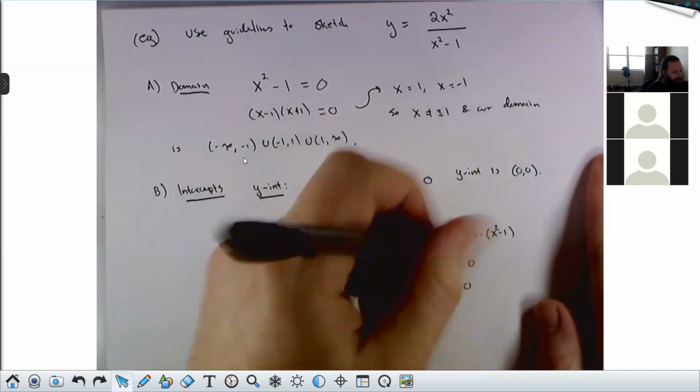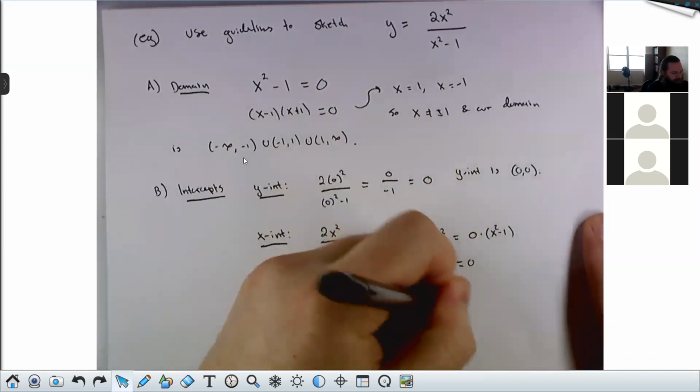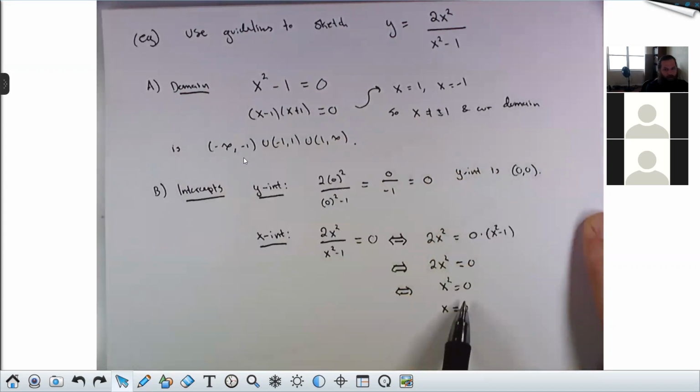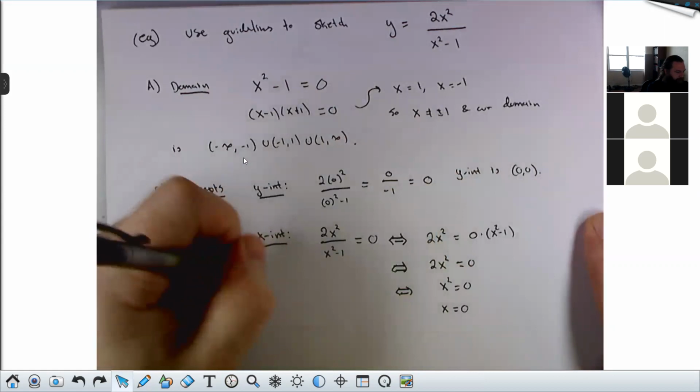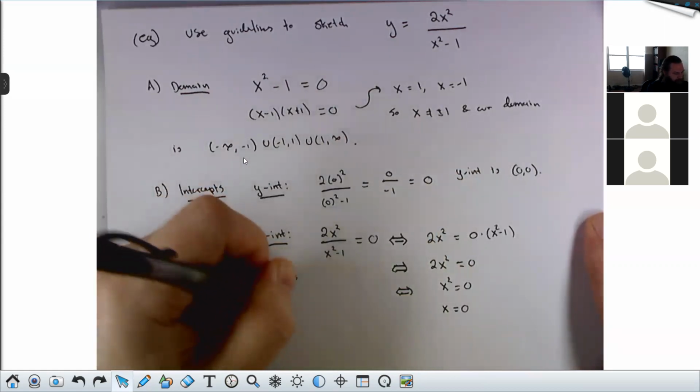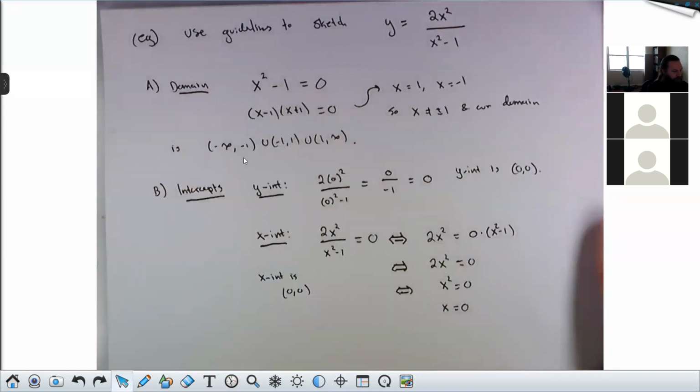And the only way that happens is if x is equal to 0 itself. So this y-intercept is also our only x-intercept. It's possible that there were other ones, right? It's possible if this top was 0 at other places, we would only discover that now. So it's still worth going through this as its separate thing.